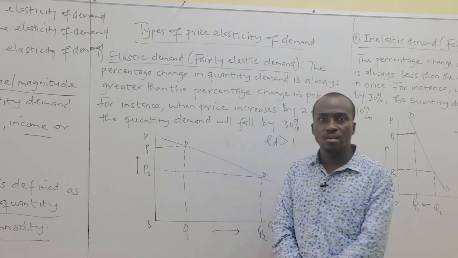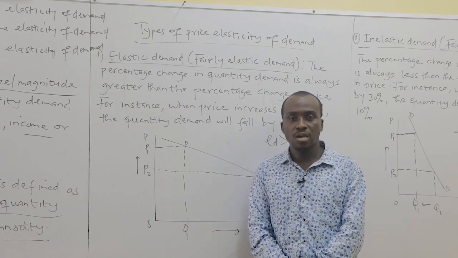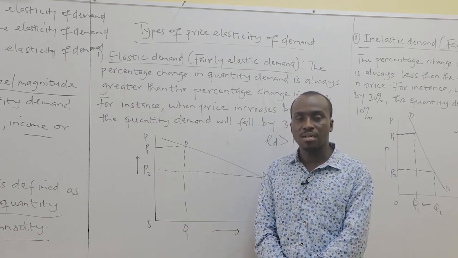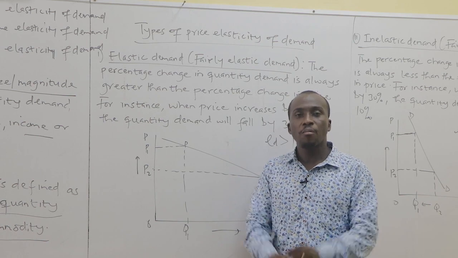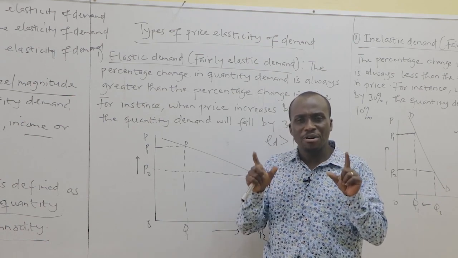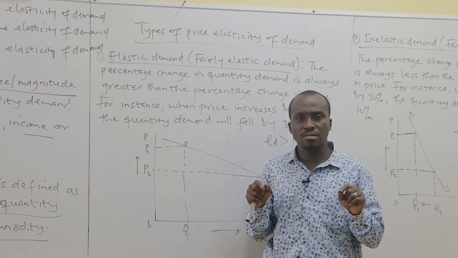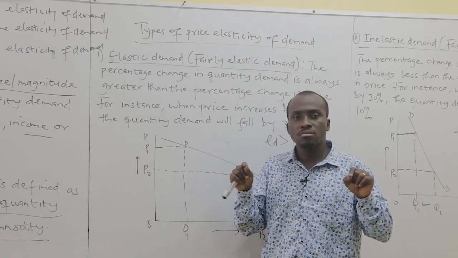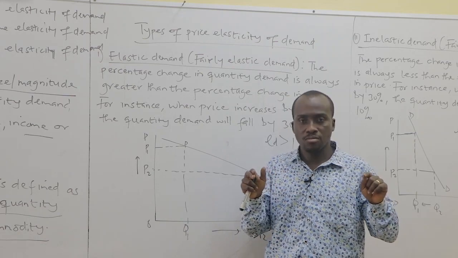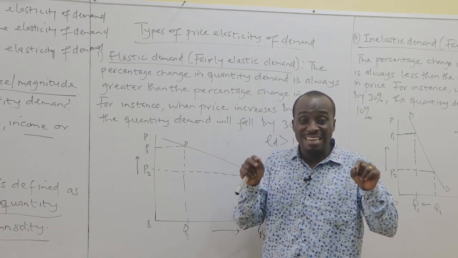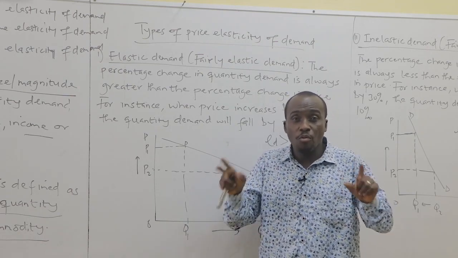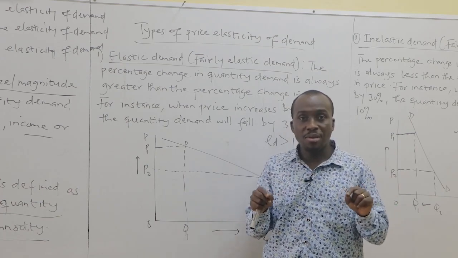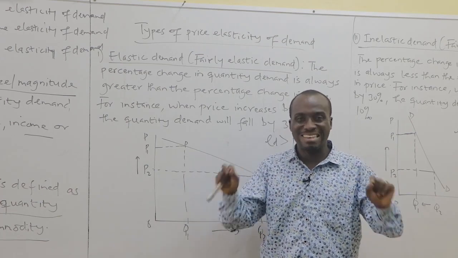Maybe you buy wheat or cornflakes and you discover the product has elastic demand. It means the commodity is very, very sensitive to changes in price. If price increases by a small margin, a lot of people will stop buying the product. If the price decreases by a small margin, a lot of people will come and buy the product. That means the commodity is highly sensitive.